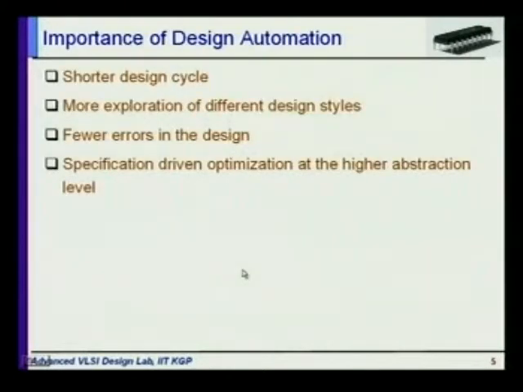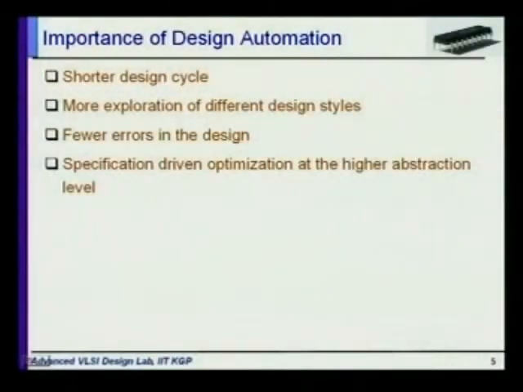Then what is the importance of design automation? First of all, it shortens the design cycle. If you are asked to design a circuit of 10,000 gates manually, it's almost impossible to do manually. But if I ask you to write a C code of, suppose, a sorting algorithm, it takes 5-10 minutes to write.